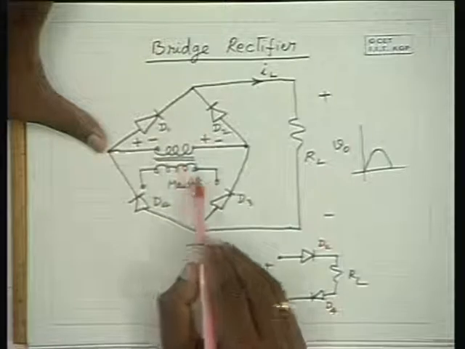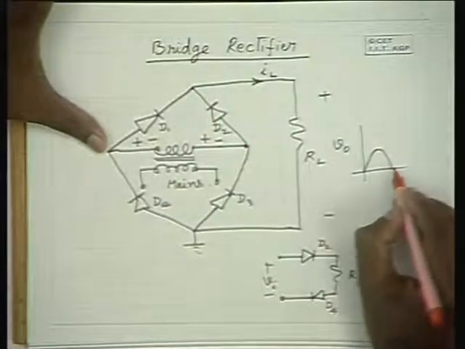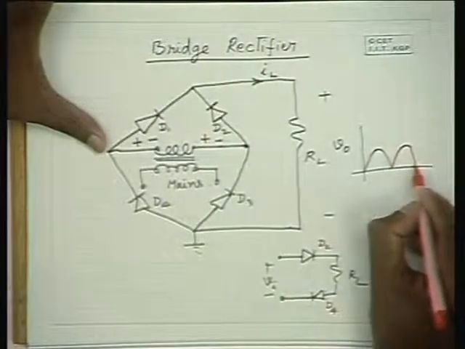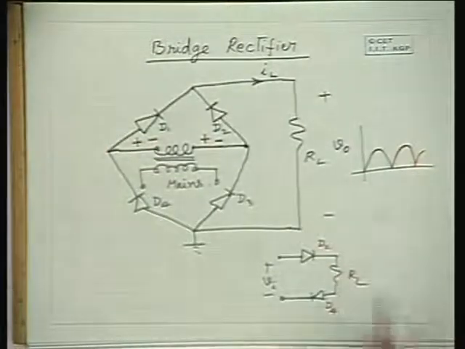Hence the negative half cycle is passed to the load resistance in the positive direction. Therefore, you will have this kind of voltage appearing across the load. Hence, you get a full wave rectified waveform over here.